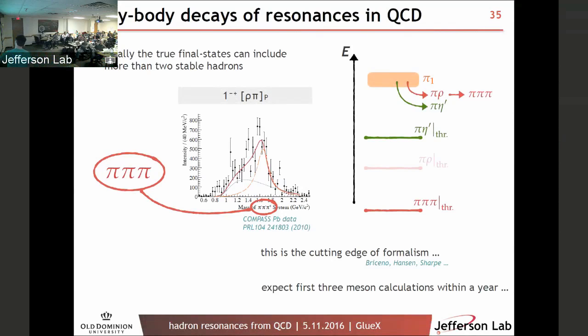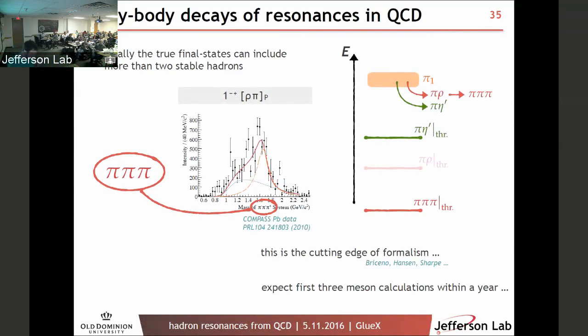So actually, what the 1 minus plus is really decaying into is 3 pions. We believe it's dominantly doing it through a rho isobar. So really, most of the resonances we're interested in don't decay into meson-meson pairs, but decay into higher multiplicity final states. And I will be honest, this is where the cutting edge of formalism lies.